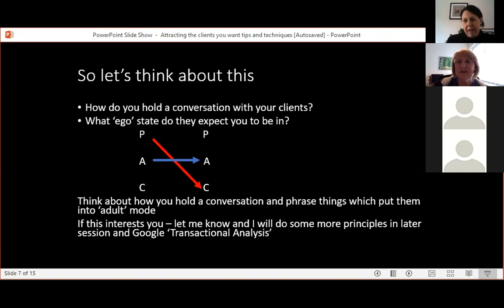So having that subtle change in the language that you use to move from parent to child to adult could be really, really valuable, I think, for both the accountant and the client to feel that they're then in partnership to make change. I think that's a really good word. And anything you can do to get them out of pushing you into that parent box equals that relationship as well, doesn't it?